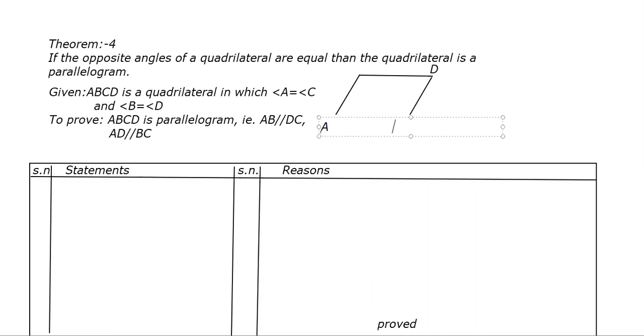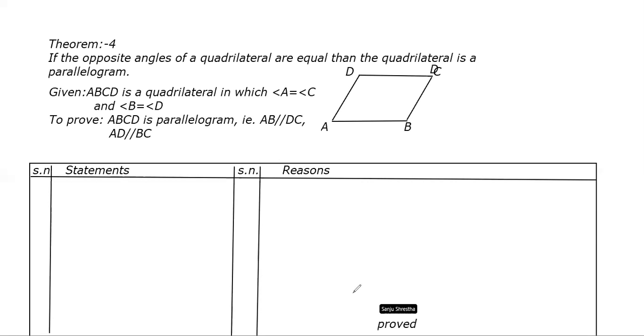Now here, if opposite angles are equal, then... Oh sorry, this must be C. Okay, this is C. Now, ABCD is a parallelogram.